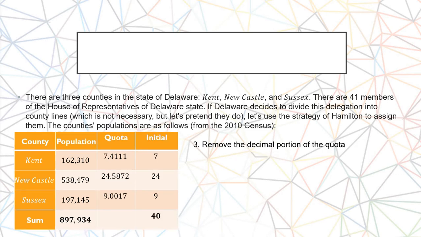The third step will still be the same. We remove the decimal portion of the quota. So 41. The critical stage now is how do we add 1? Which state will have the additional 1?